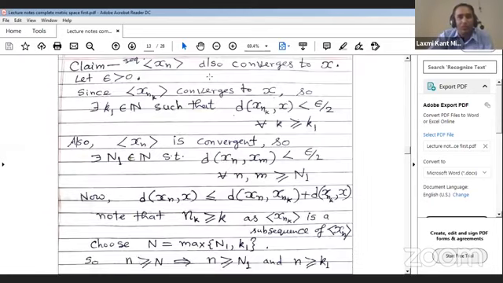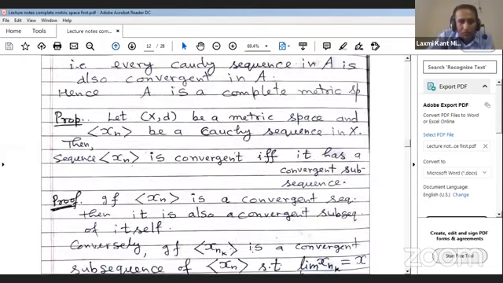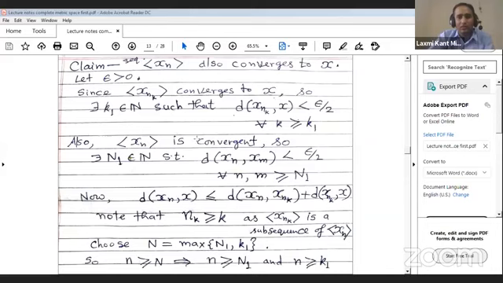So we are doing its converse part. There is a typo. I think it must be Cauchy. This is Cauchy.